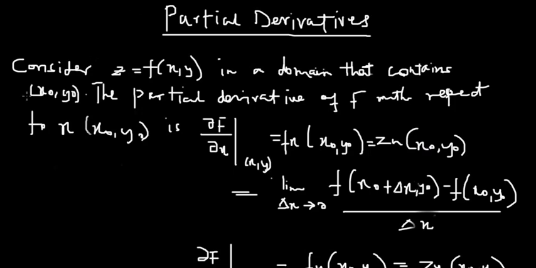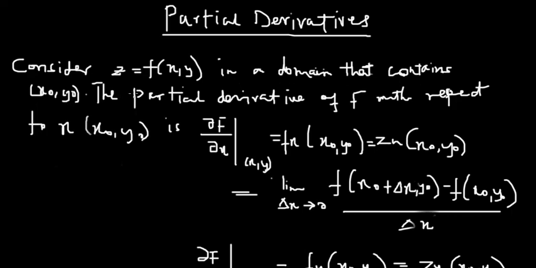Let's say we consider a function z to be f of x and y. So a function with x and y components. Consider z equal to f of x, y in a domain that contains x naught and y naught.